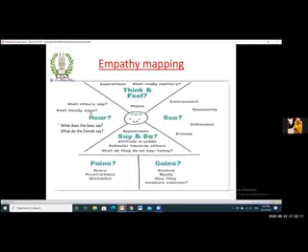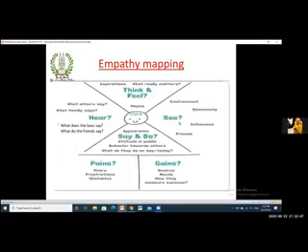Again, you are a teacher and you design this empathy mapping to know your students' needs. So you put yourself in the student's shoes, in the student's place. You think as if you are a student. Say and do. This is the plan. How can this student try to accomplish his goals?